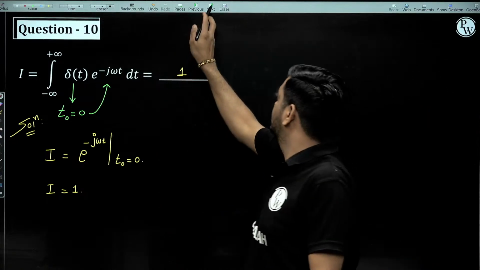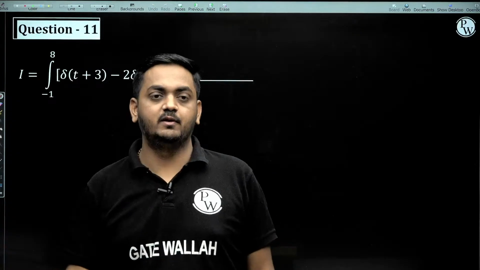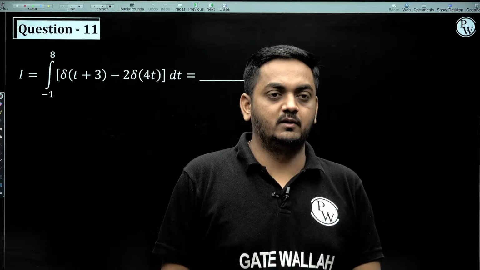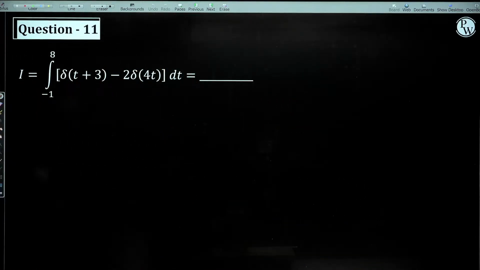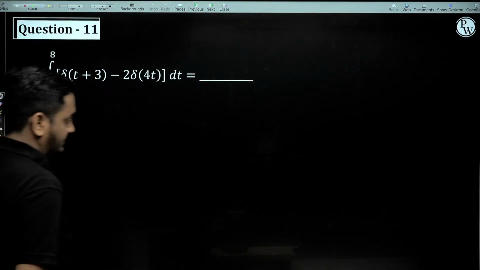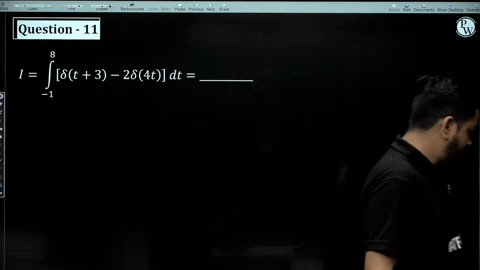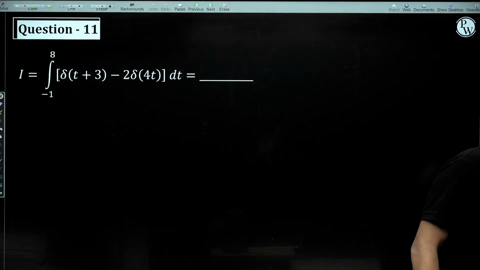Now let us solve the next question. Question number 11. Now this is a very good question. So you have to solve this integral. Now the limit of integration is finite, that is minus 1 to 8. Then what is the answer of this integral I? I am expecting an answer from each and everyone in the comment box.